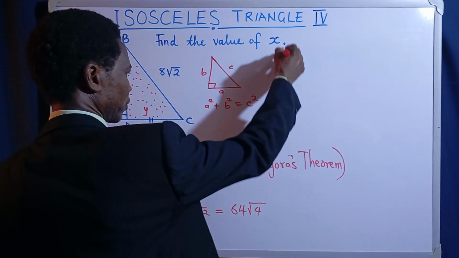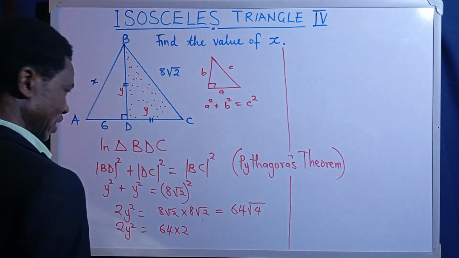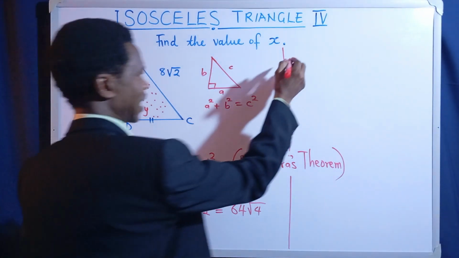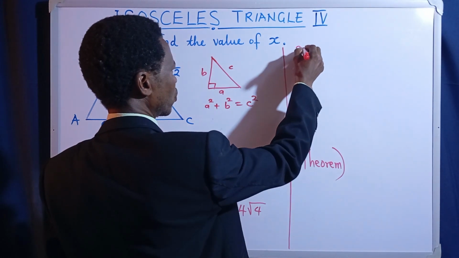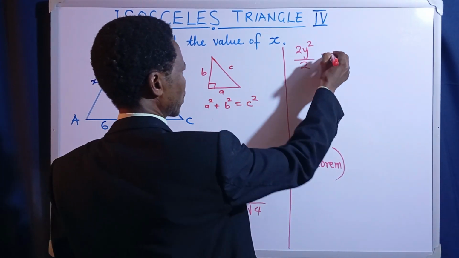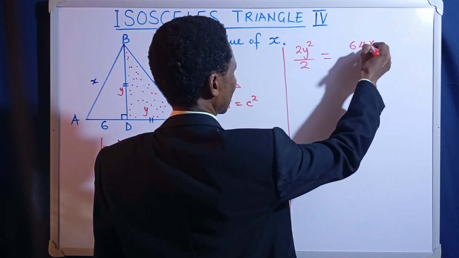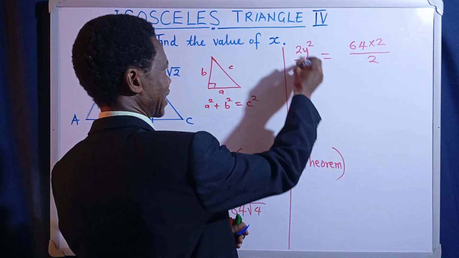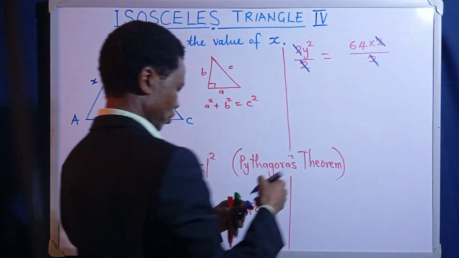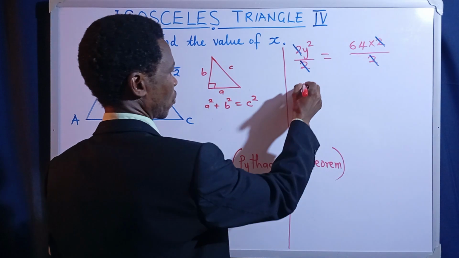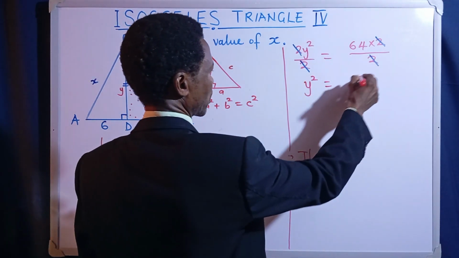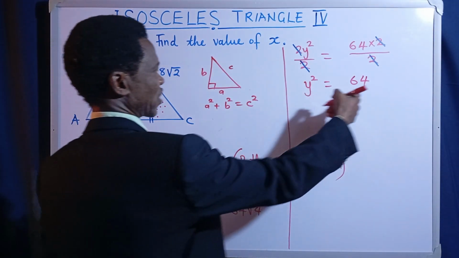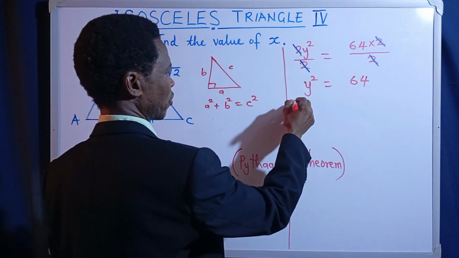So let's see how we can get the value of y. We can now say that 2y squared divided by 2 is equal to 64 times 2 divided by 2. The 2 takes care of the 2, so we have y squared is equal to 64. Take the square root of both sides.